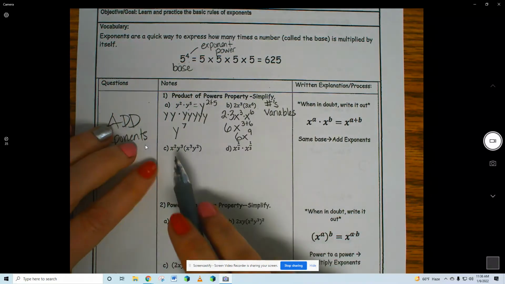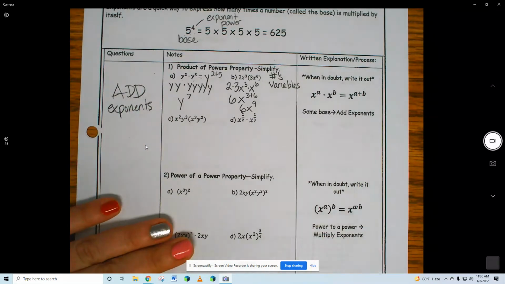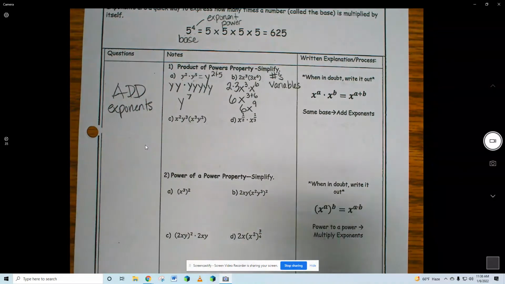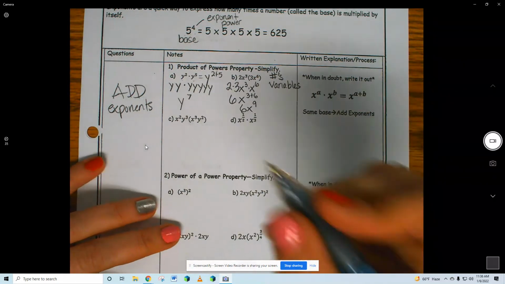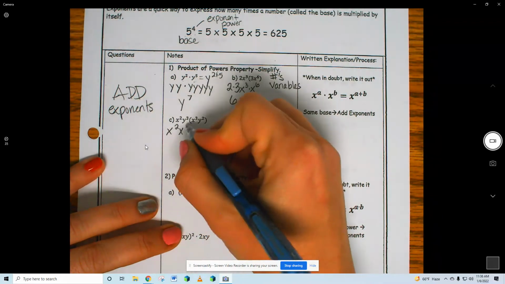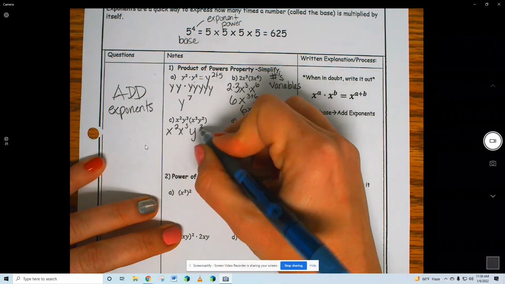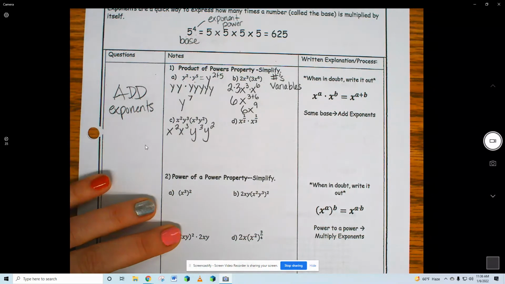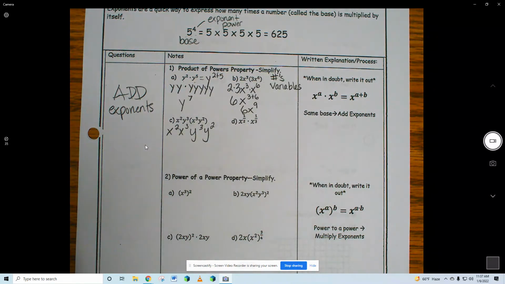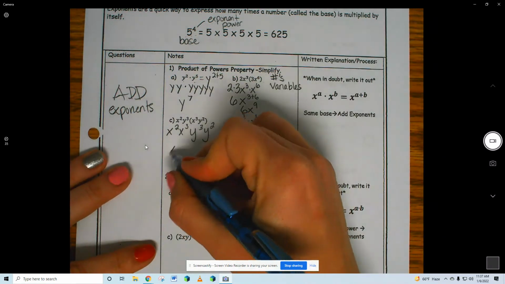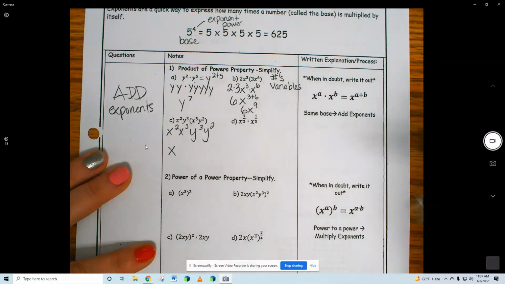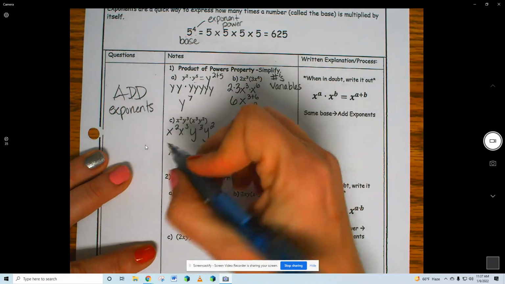Okay. C. Put the x's together. Put the y's together. Categorize it. X squared, x to the 3rd, y to the 3rd, y squared. So, x to the how many? 2 of them and then 3 more? 5.